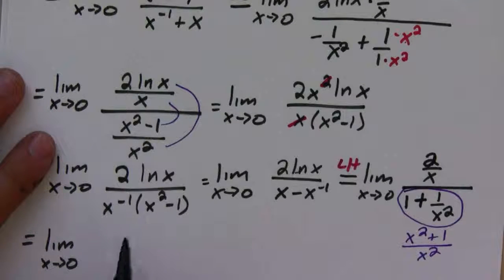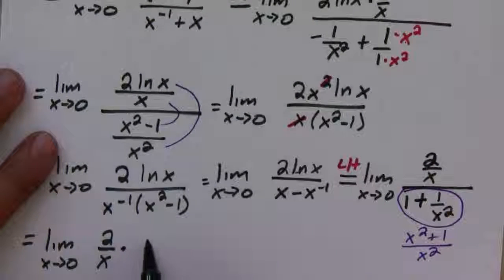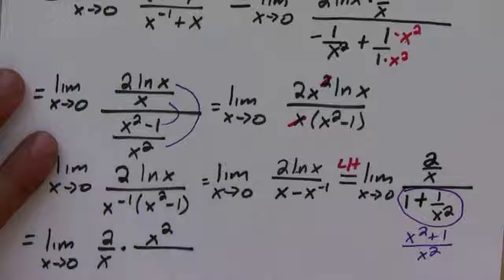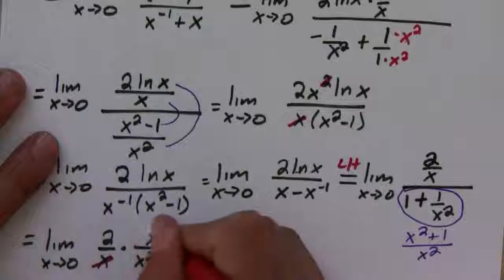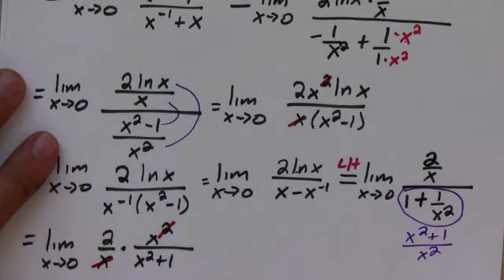So I have the limit as x goes to 0 of 2 over x times, if I invert and multiply, I'm going to get x squared over x squared plus 1. And then this one's going to cancel with this guy, and what I get now is the limit as x approaches 0 of 2x over x squared plus 1.